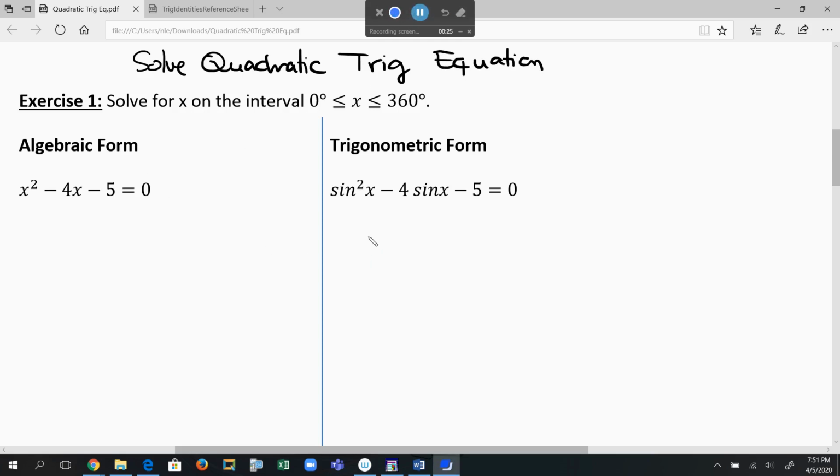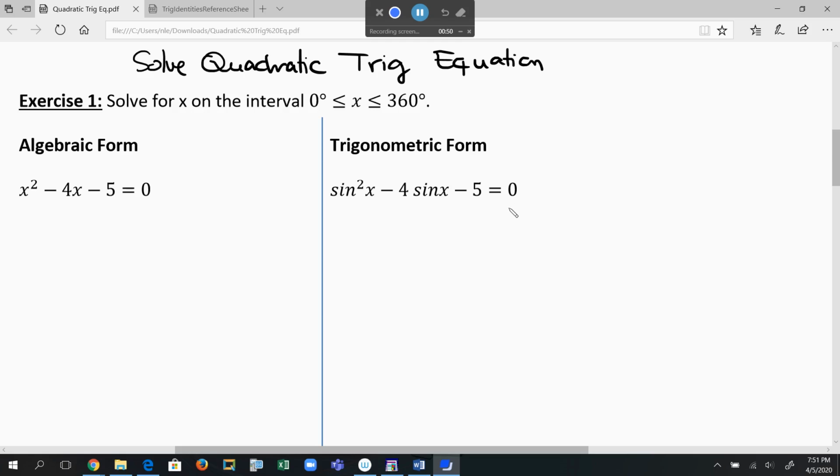If you look here, the left hand side is our normal algebraic form of a quadratic function, x squared minus 4x minus 5 equals 0. On the right hand side is the trigonometric form, sine squared x minus 4 sine x minus 5 equals 0.